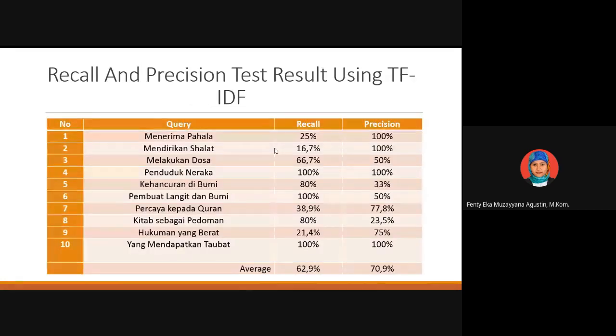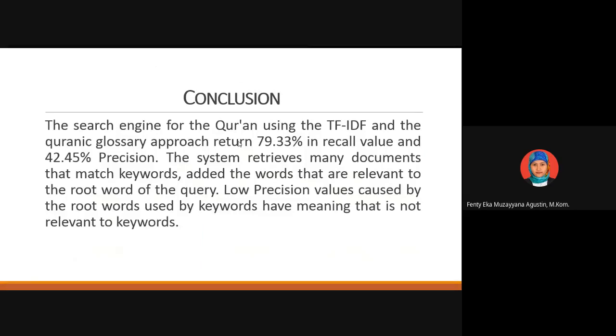The meaning is we found many verses with the Quranic glossary, more verses retrieved than using TF-IDF only. But the precision is lower. I think the user can choose which searching result is more relevant to their query.